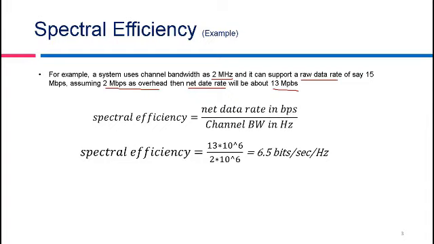So let's put the net data rate and the channel bandwidth in the spectral efficiency formula. This is my net data rate, and this is my channel bandwidth, and doing the calculation, I get about 6.5 bits per second per hertz as the spectral efficiency. Which means every second I can get 6.5 bits within 1 hertz of channel bandwidth.